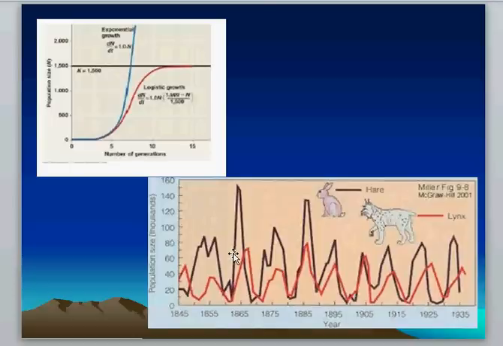Actually, looking at this graph, the population of hares crashed, and that allowed the forage on which they fed to grow back again over a few years.